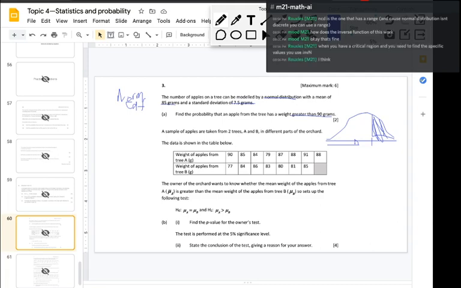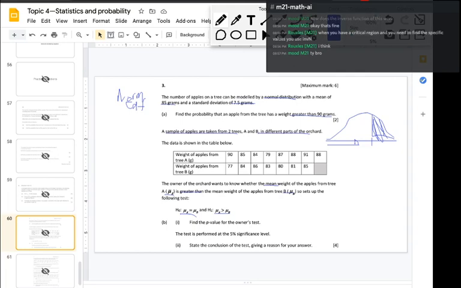Okay, next, you have 2 samples this time in different orchards. It wants to know whether the mean weight of this one is greater than the mean weight of the second one. So this is comparing between 2 samples.